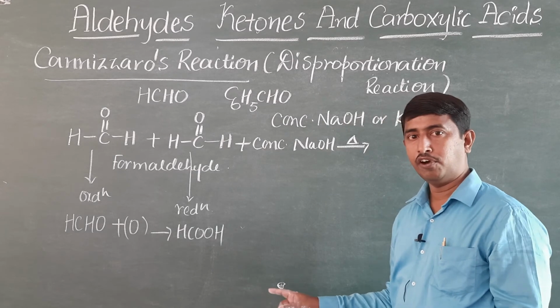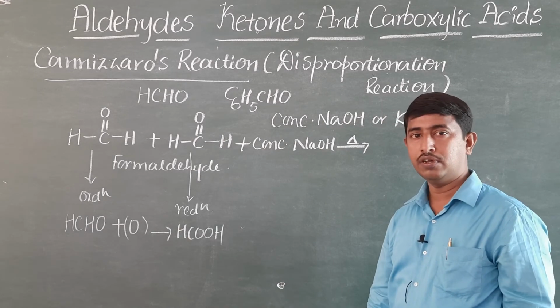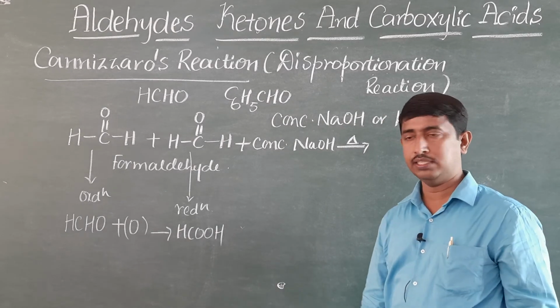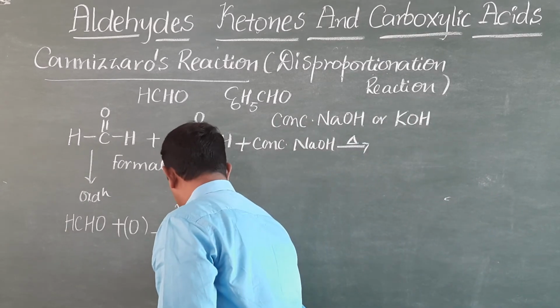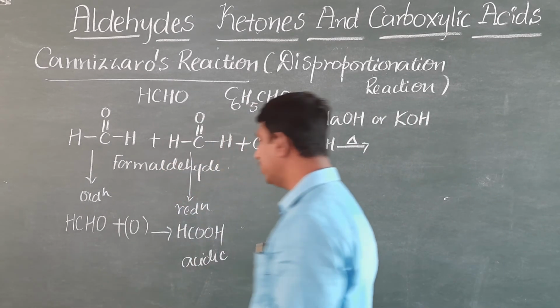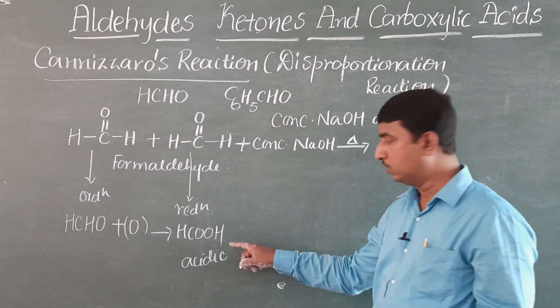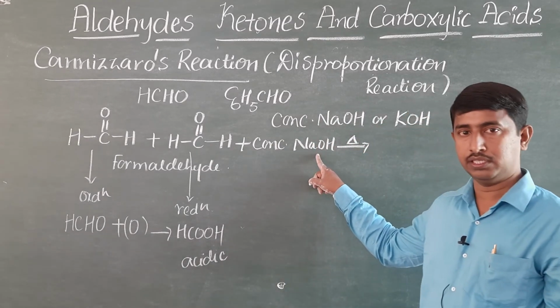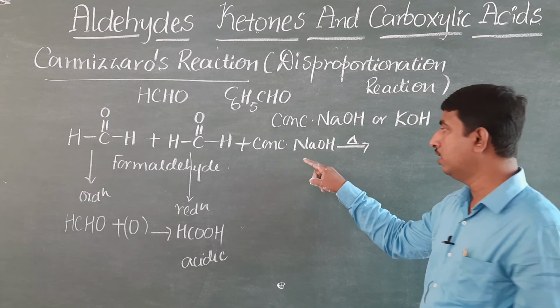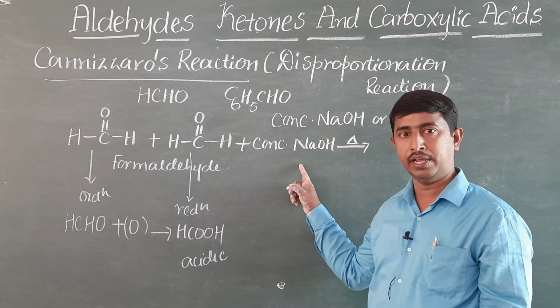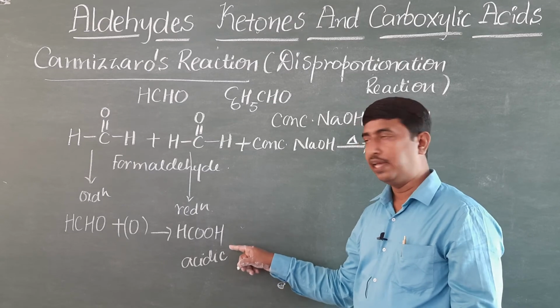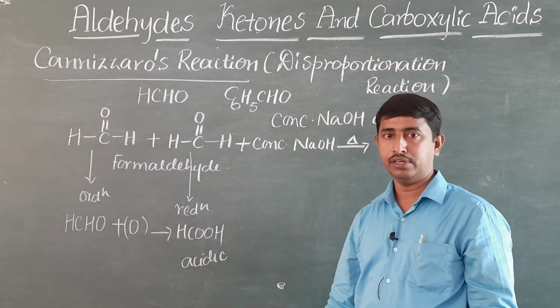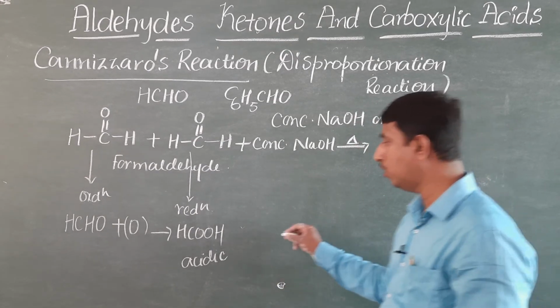This compound is acidic. Since it is acidic, it will readily react with the base, sodium hydroxide. The reaction is carried out in basic medium, so the formed product readily reacts with the base forming a salt.